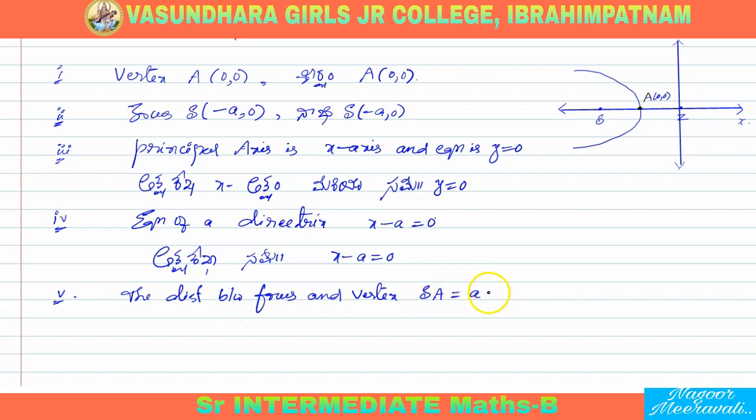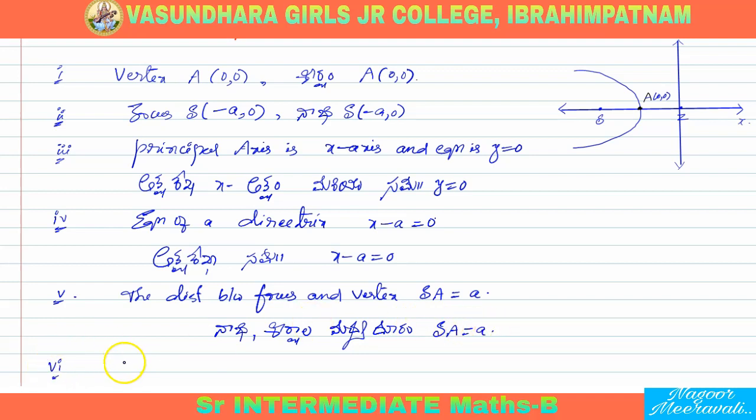Here also you can write a. Don't write minus a here, because the distance should always be positive. The distance between focus and vertex, SA is equal to a.